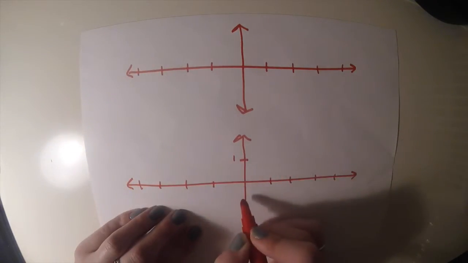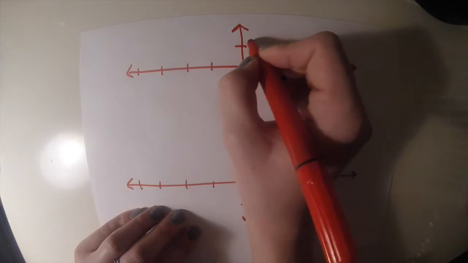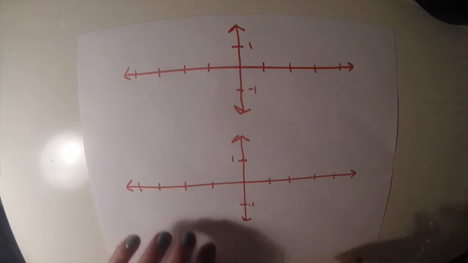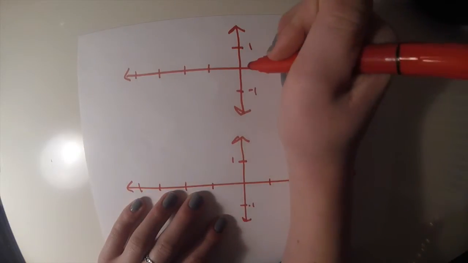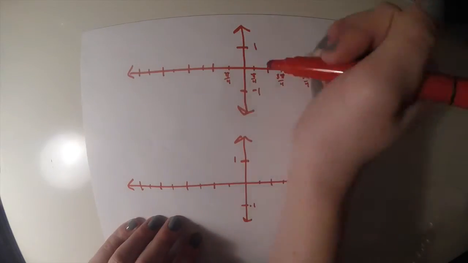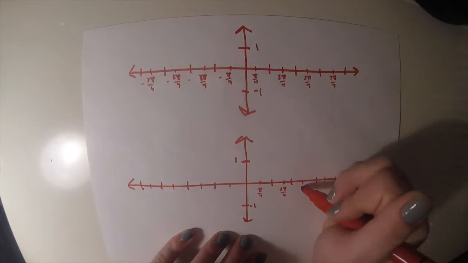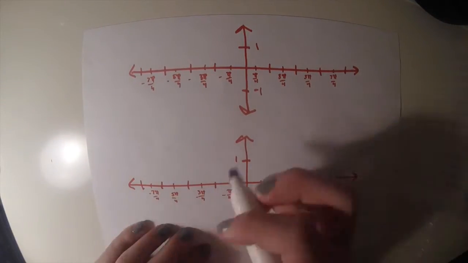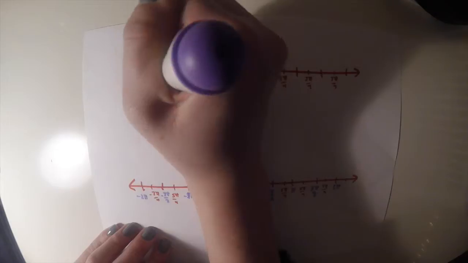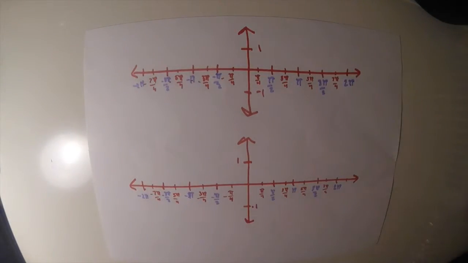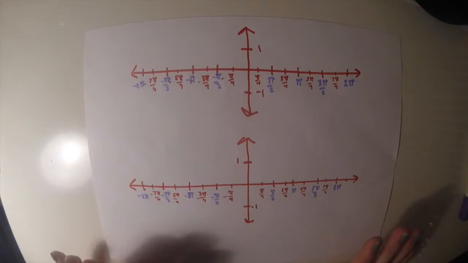So 1, and 1, negative 1. Alright, it's going to take me a second to fill this in, but now that it has been written out completely, you have all the points.